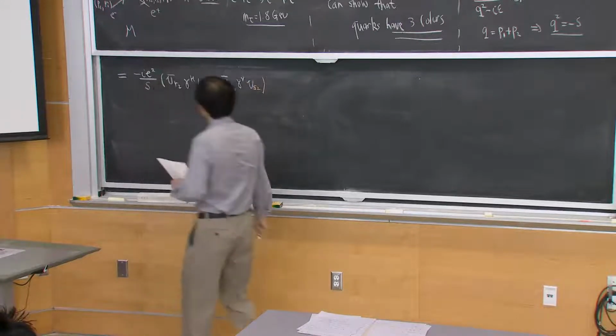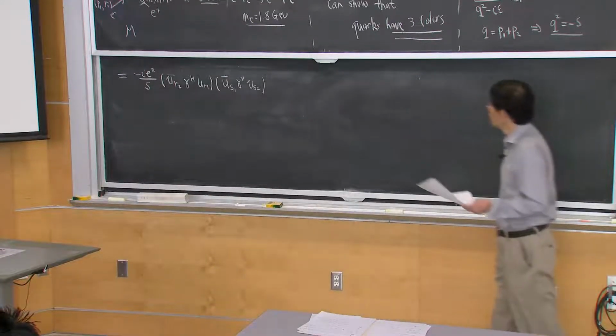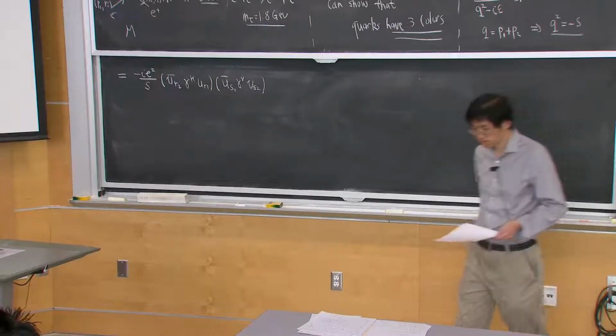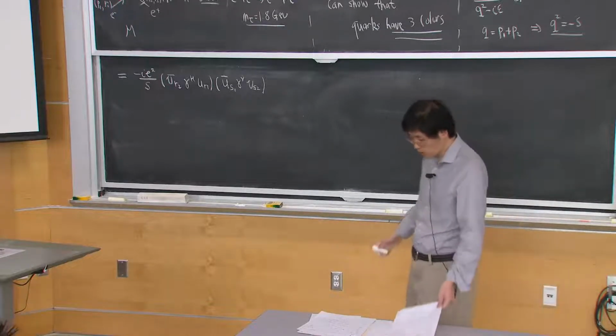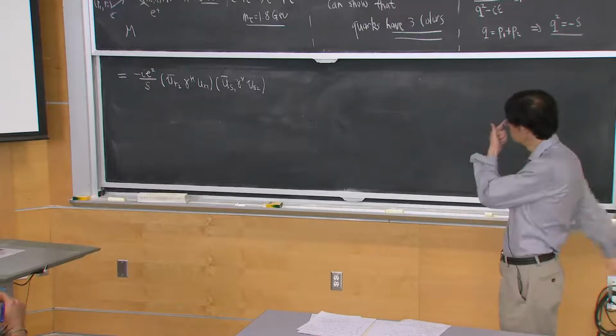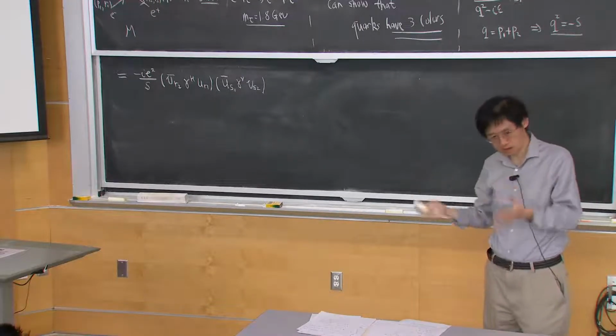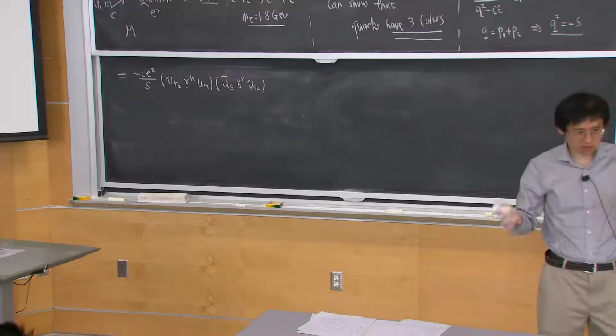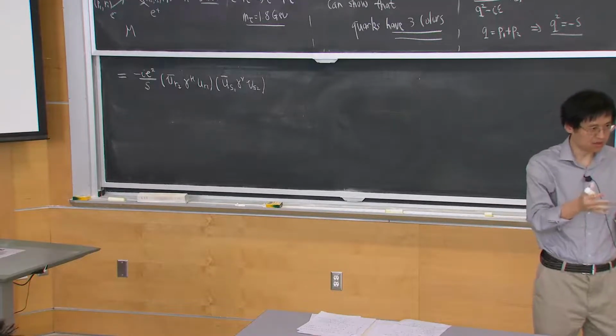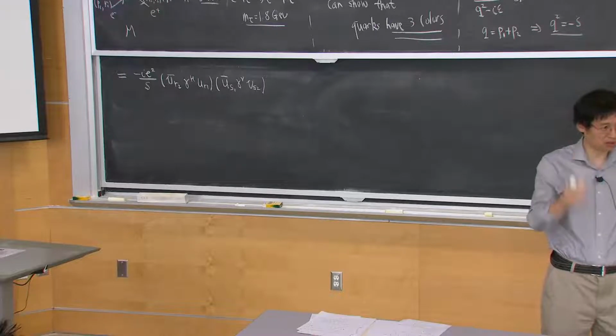Now what we need to do is square it and sum over all the spins, and then plug the resulting expression into the formula we derived for the cross section last time.